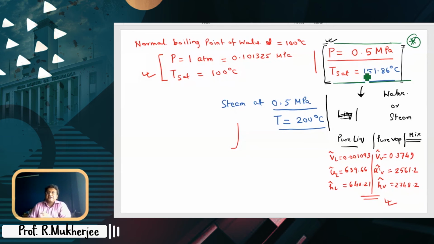I don't say that the temperature is Tsat. So the data given to you is P equal to 0.5 megapascal and T is equal to 151.86 degrees centigrade. So you take this data, or I give you a new set of data.